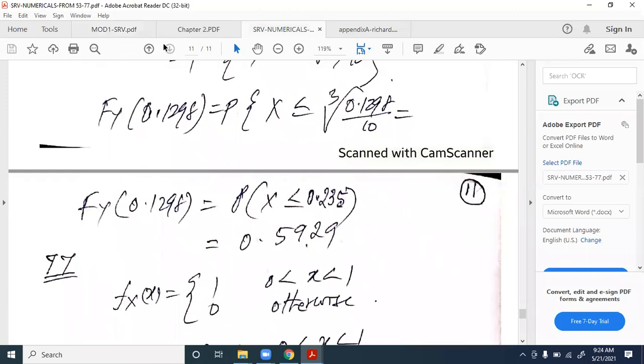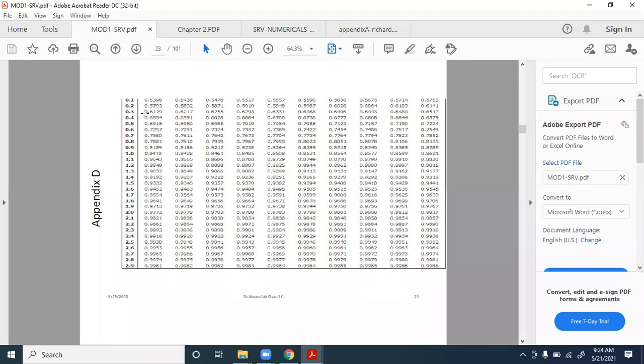So when x is 0.235, we can try to find the value of the probability corresponding to that. So 0.2, this is 0, this is 1, this is 2, this is 3, and 0.5 will be exactly in between 0.5910 and 0.5948, because it is 0.235.